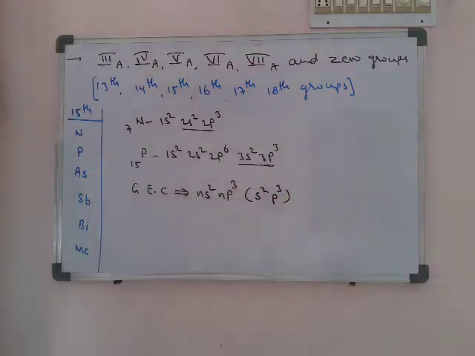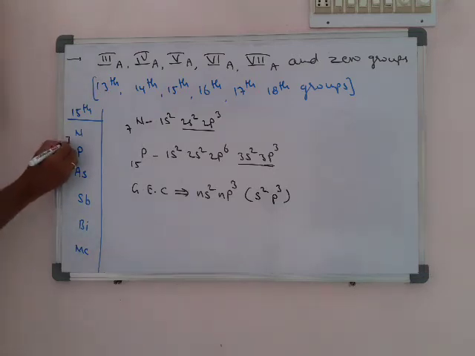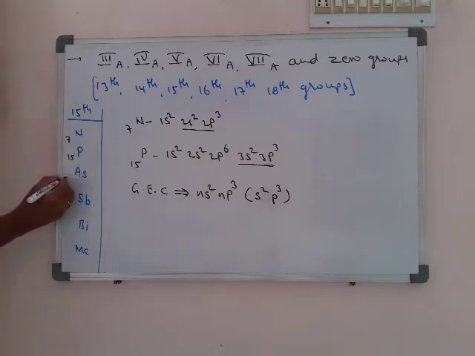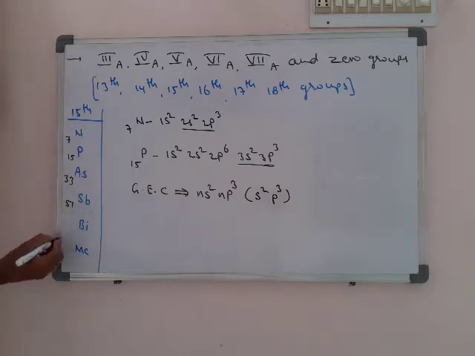Okay, so now try to write the atomic numbers also. So I'll write this: nitrogen 7, next phosphorus 15, 15 becomes 18, so we get 33. Again add 18, 51.